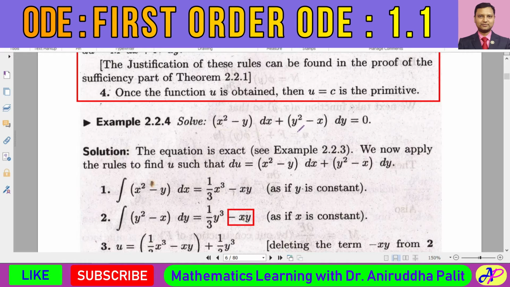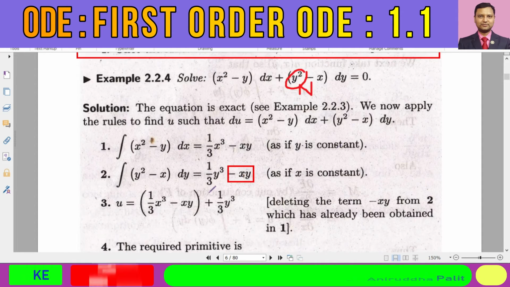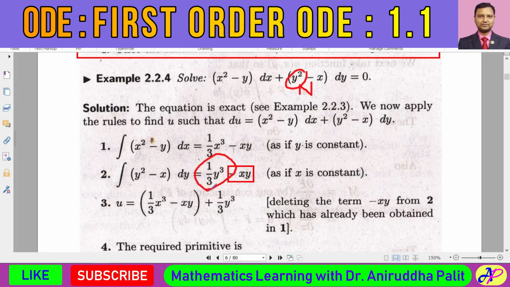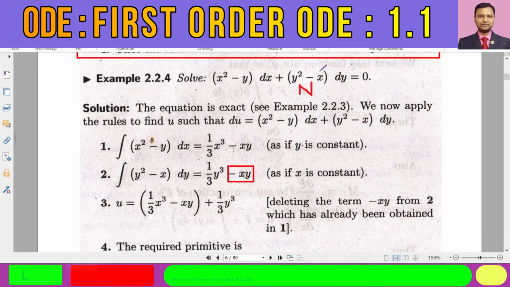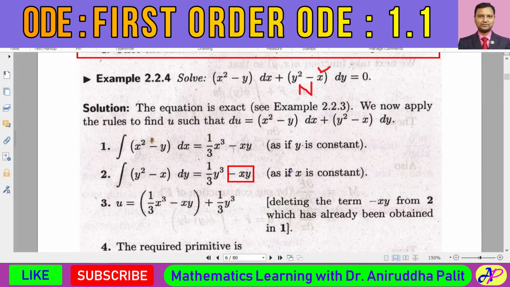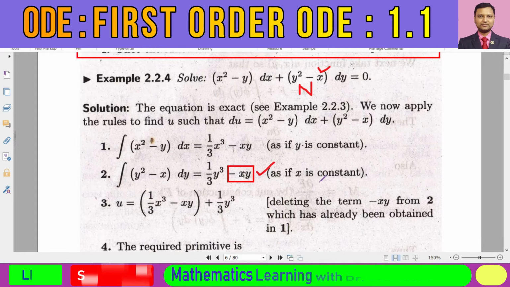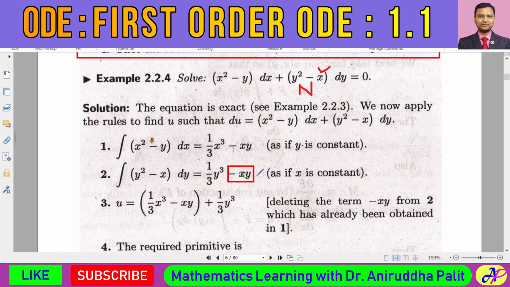Now what we need to do? We need to integrate this n dy, keeping this x constant. So if we integrate it with respect to y, the integral of y square will give us 1 by 3 y cube. And the integral of this constant x with respect to y will again give us this minus xy, and this minus xy term was common, that has been already obtained in this step number 1.